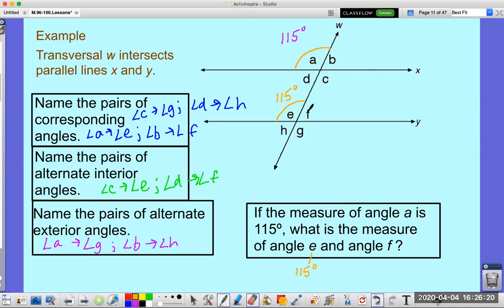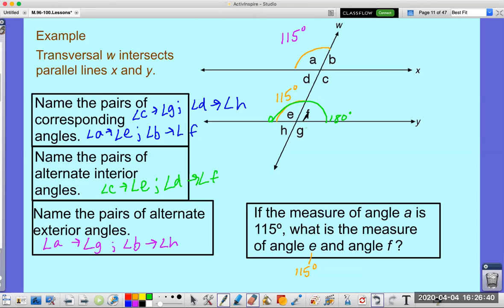And now I know F because what do I know about a straight line? It equals 180 degrees, right? So if you used a protractor, you could measure this, and this would be 0 over here, and this would be 180.